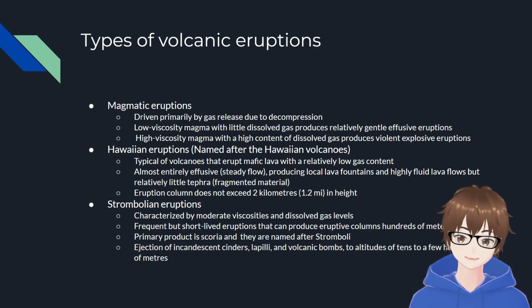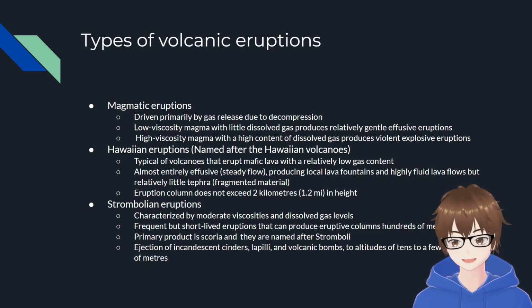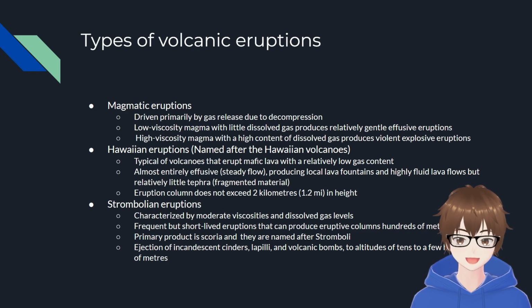But there are many, many different types of volcanic eruptions. So let's go over some of these. So we have magmatic eruptions. These are driven primarily by gas release due to decompression. They have low viscosity magma with low dissolved gas, producing relatively gentle effusive eruptions.